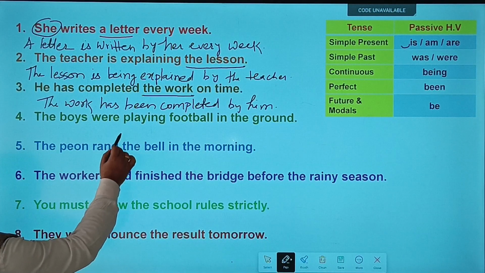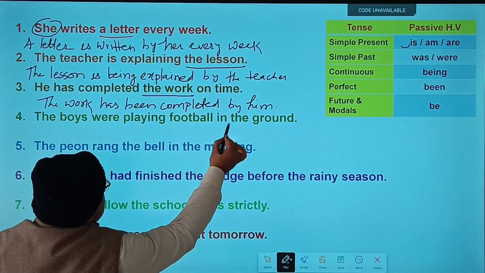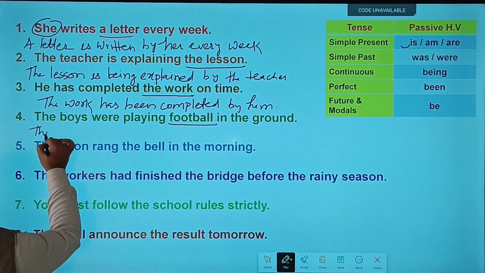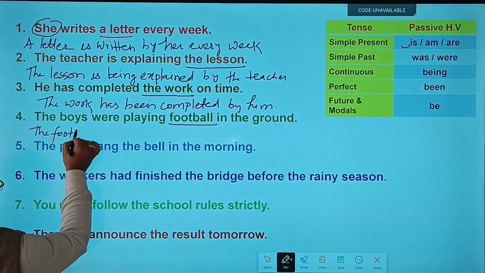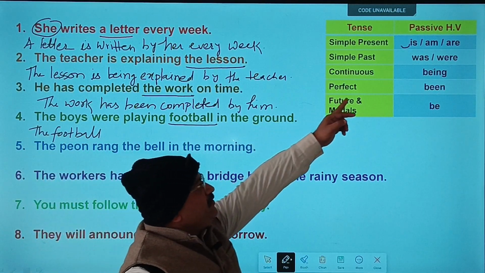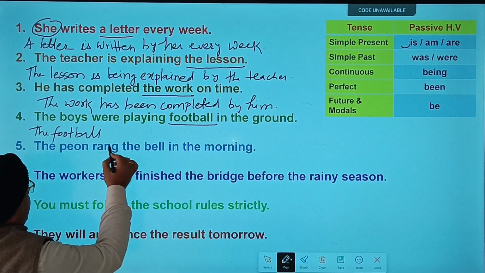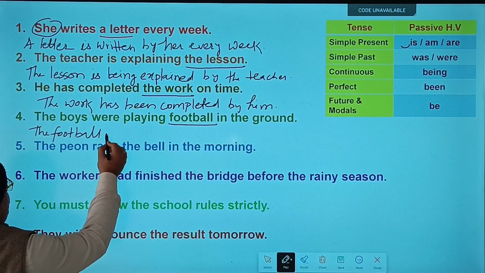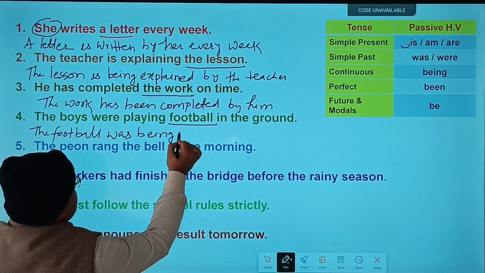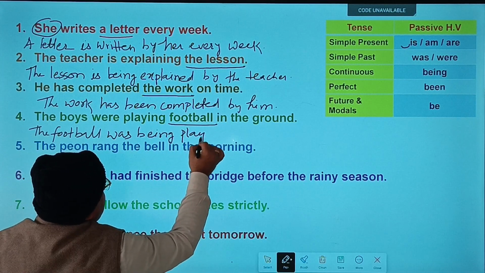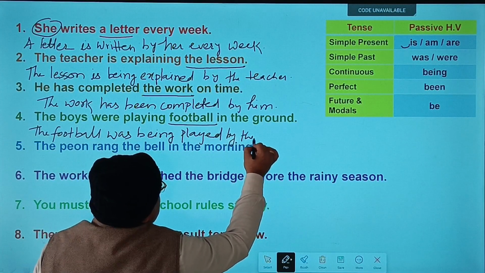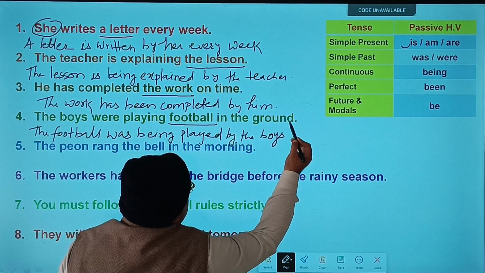Next, the boys were playing football in the ground. So the object is the football. Were playing is past continuous, so being. Now, the football was being played, V3, by the boys. Where?